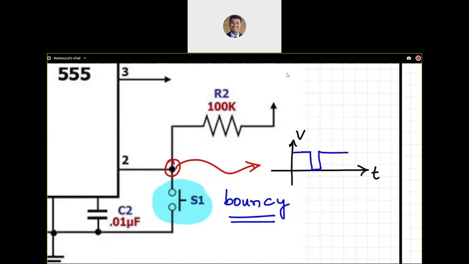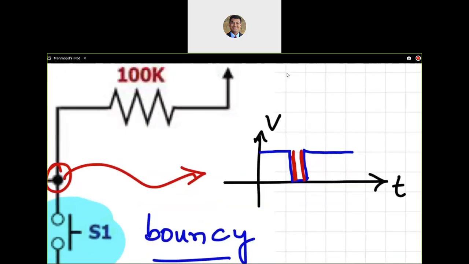Now during that process, you might have glitches over here, which means that it goes up and down, having that bounce. So let me highlight that. This is going to be 0 here, and this is going to be high, close to 5 volts.